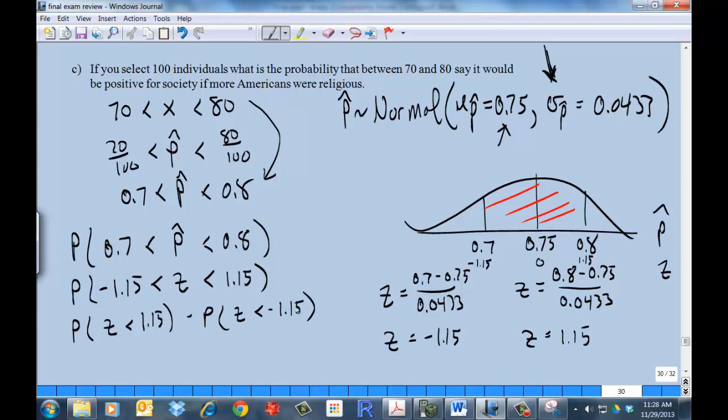So now we just have to look up from table 5. When I look up 1.15 I get 0.8749, and then when I look up minus 1.15 I get 0.1251, which gives us a probability of 0.7498.